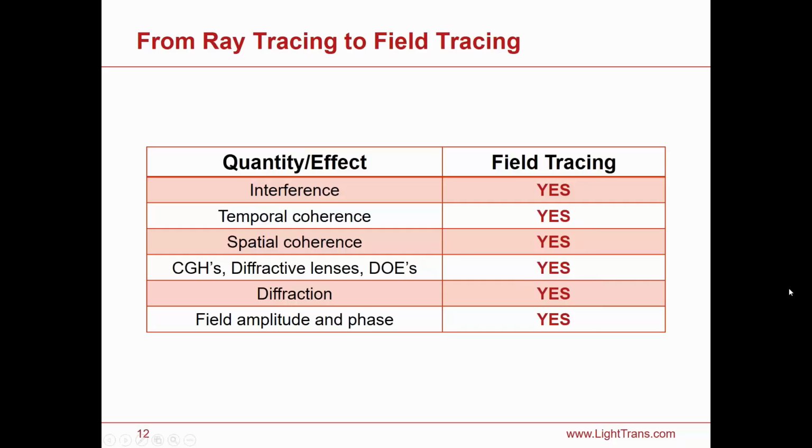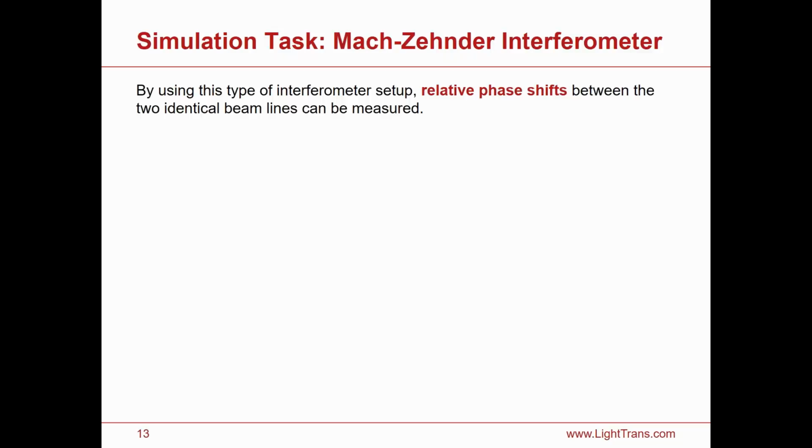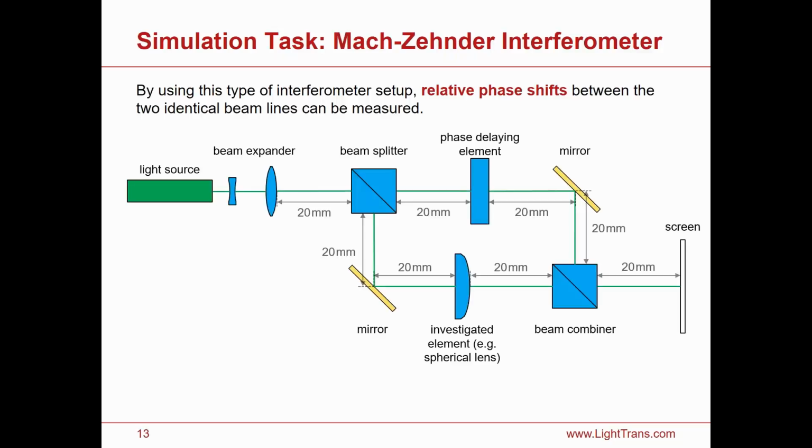For the simulation of the Mach-Zehnder interferometer, we need some of the effects listed here. We want to simulate the interference pattern of this setup as well as the field distribution. So we are going to use field tracing to simulate these effects. The Mach-Zehnder interferometer is an optical setup where we have two identical beam lines, and this enables us to measure the relative phase shifts between these beam lines.